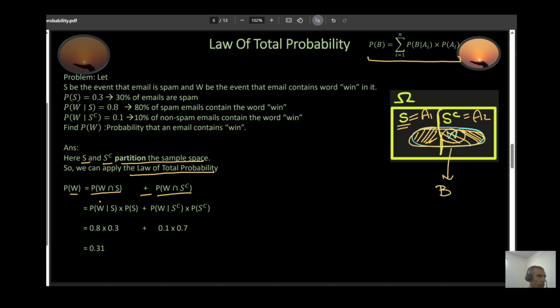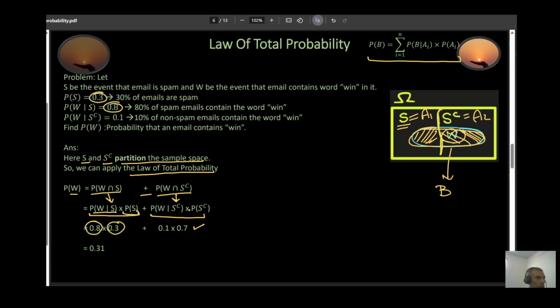So using conditional probability, I can rewrite this expression like this. I can also rewrite this expression like this. Substitute your values in there. This is given to me as 0.8 right here. This is given to me, probability of spam, that's given to me as 0.3.